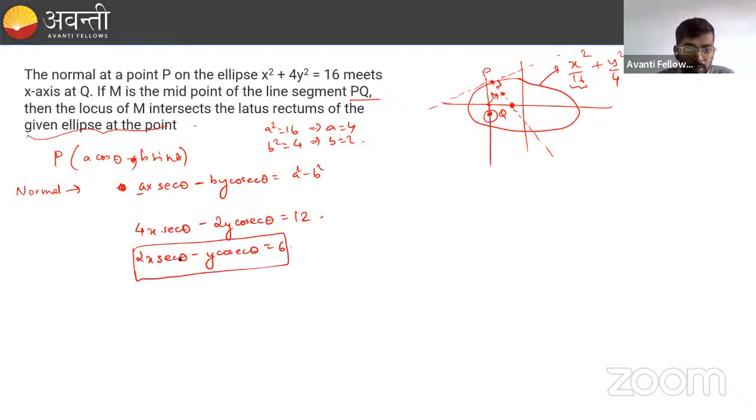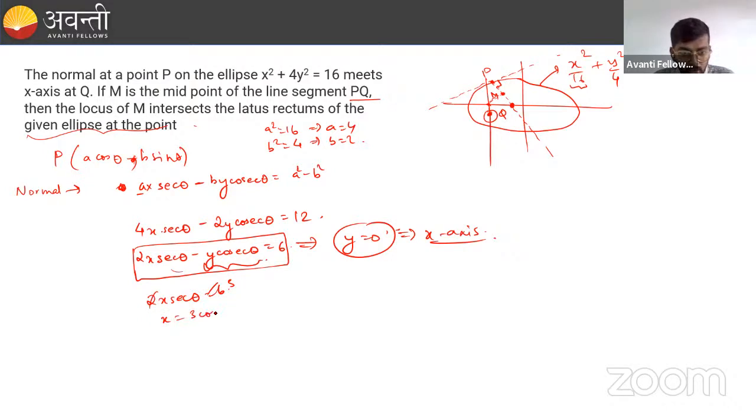So this equation of normal meets the x-axis at some point. This meeting at the x-axis will make the y-coordinate 0. So when you put the y-coordinate as 0, you get 2x sec theta equals 6. So you get x equals 3 cos theta.